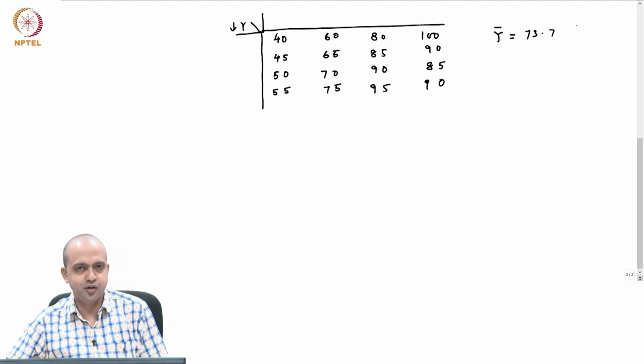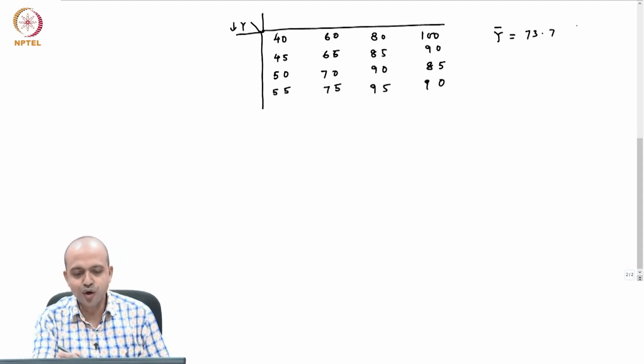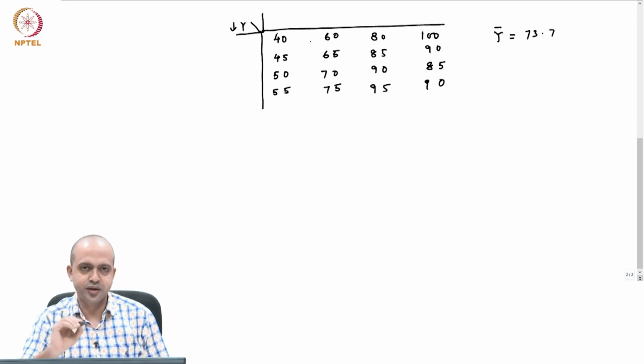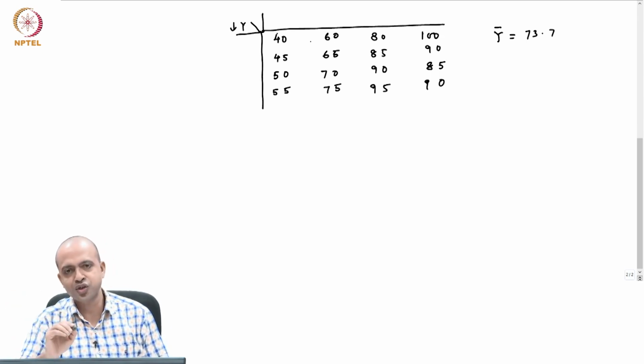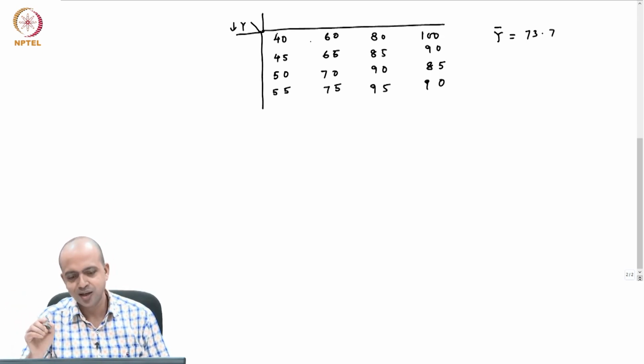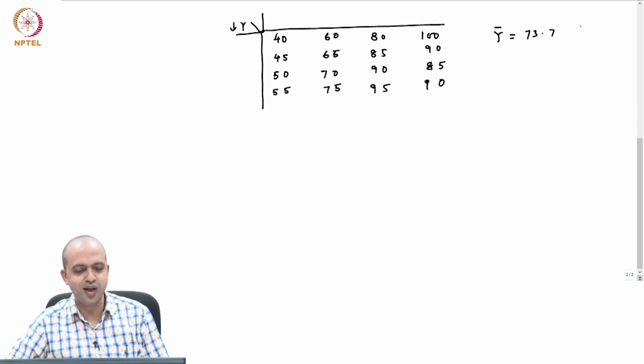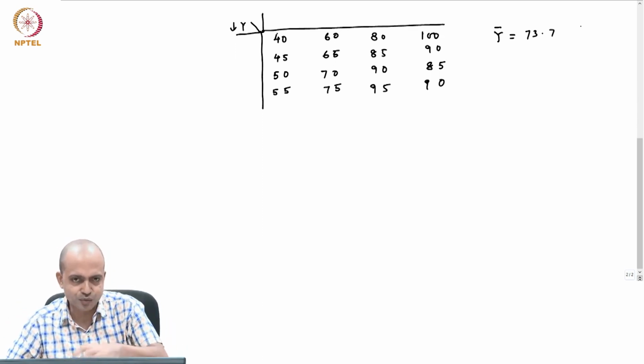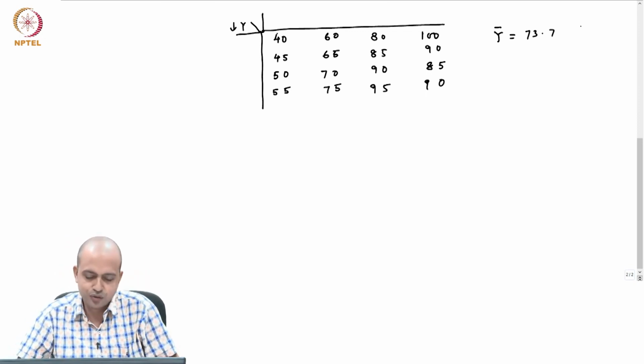How have you calculated this? You have taken the sum of this and divided by 16. So, summation y divided by n, where n equals 16, gives you some value. That is called the mean consumption of this population.